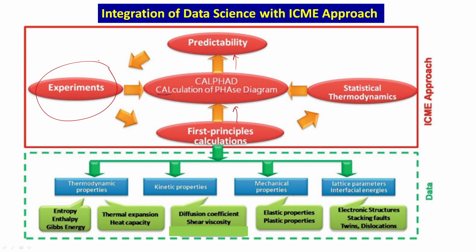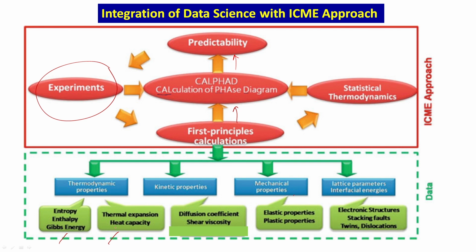So, this data which we are obtaining from different sources can be either thermodynamic properties like entropy, enthalpy, Gibbs free energy, or you can also have thermal expansion and heat capacity data, that is called thermodynamic properties. You can also have kinetic parameters like diffusion coefficients, shear viscosity of liquids, mechanical properties like elastic or plastic properties, as well as lattice parameters and interfacial energies or interfacial properties like electronic structures, stacking fault energies, twins, dislocations, all these aspects.